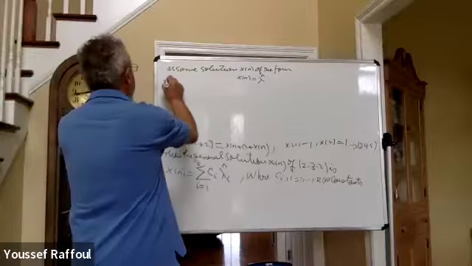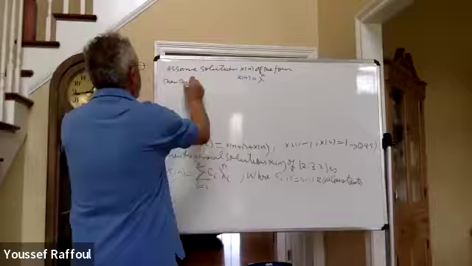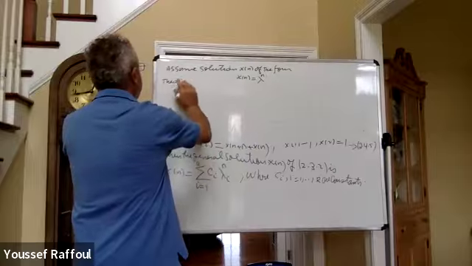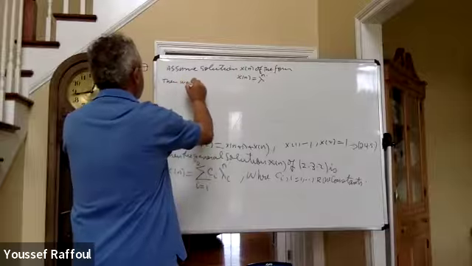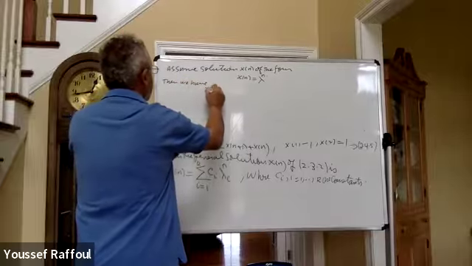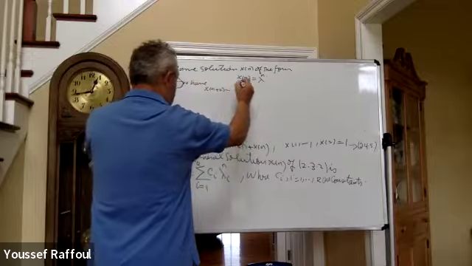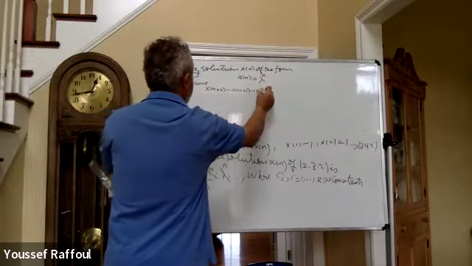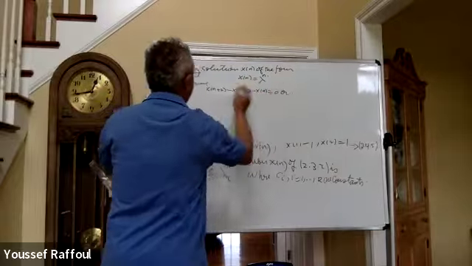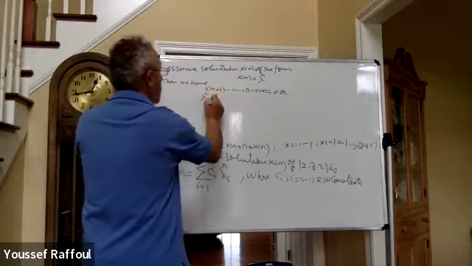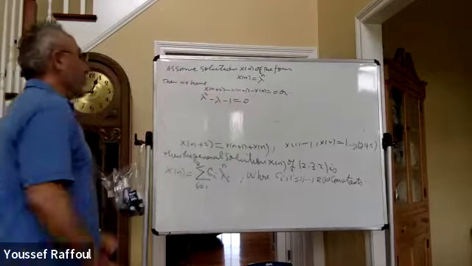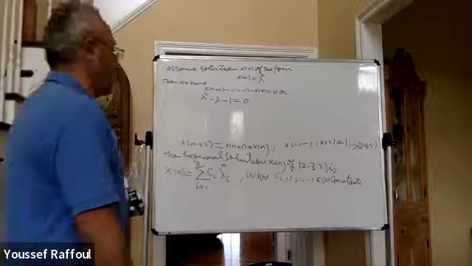Then here we have x_{n+2} minus x_{n+1} minus x_n equals 0, or I'm going to have lambda squared minus lambda minus 1 equals 0. That is the auxiliary equation.